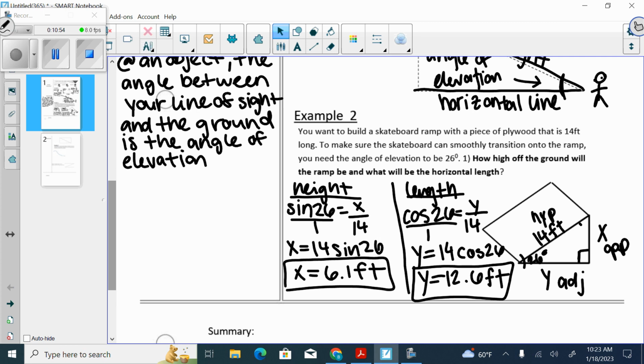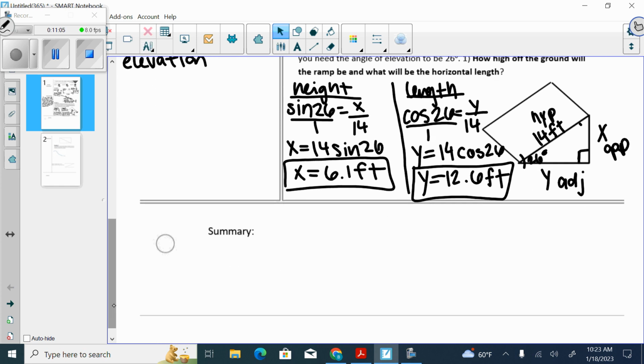So it's basically the same exact problems that you've been doing, but whenever they describe it, they're going to describe it as a word problem. You fill in the blanks. Okay? All right, so in summary about our angles of elevation, your angle of elevation starts on a horizontal line, which is going to be the ground, right?